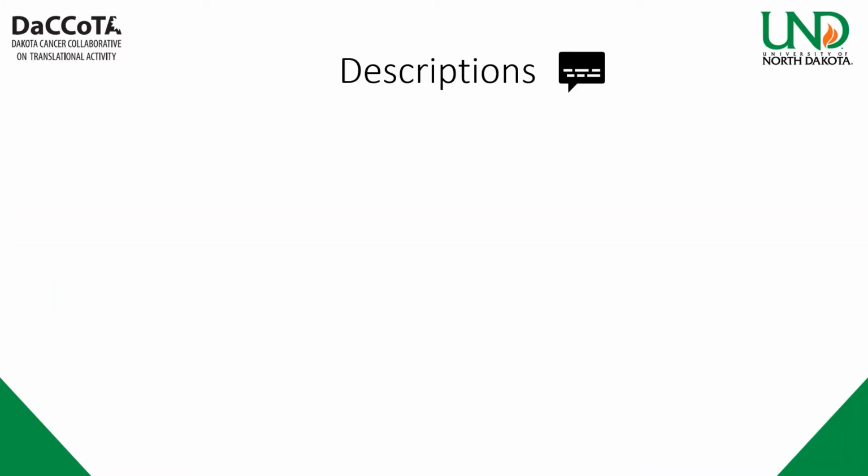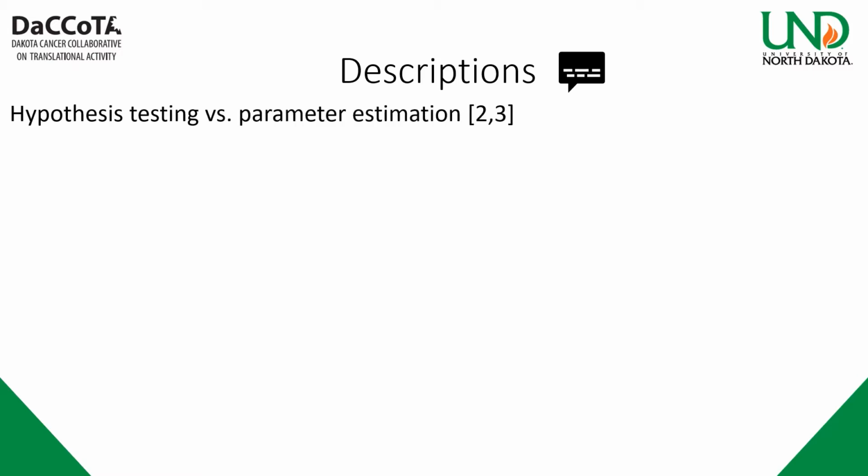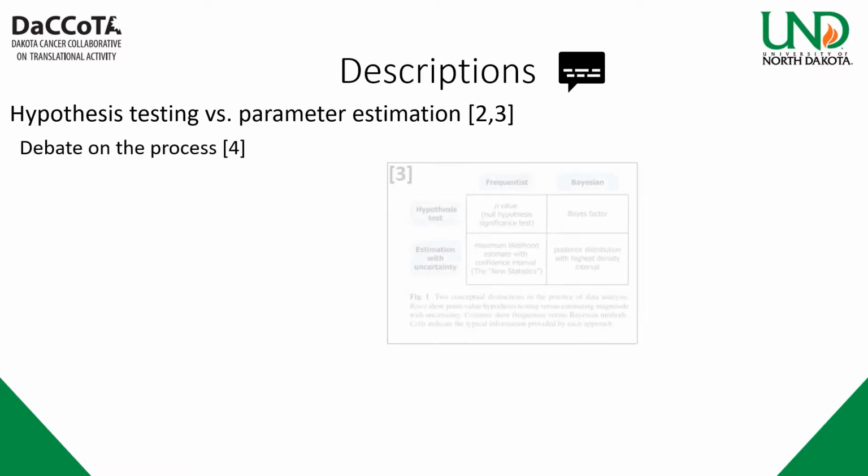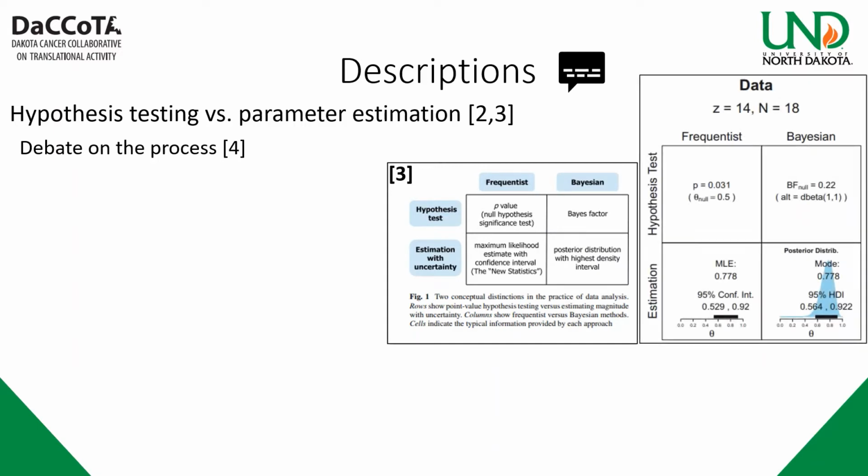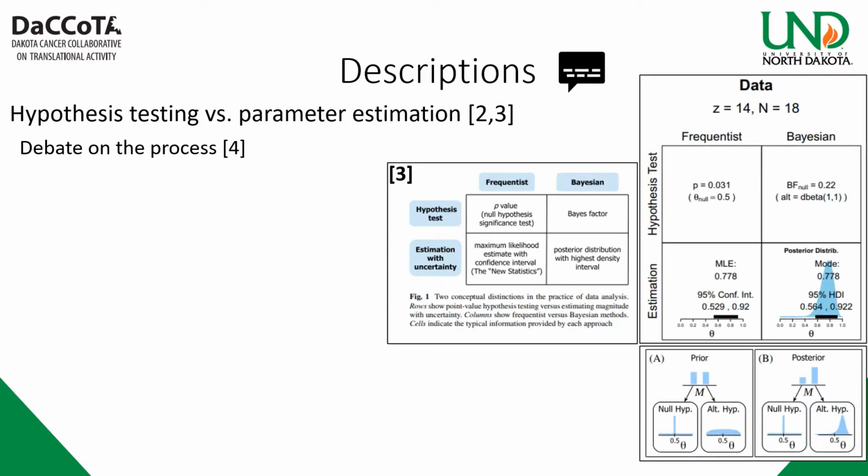So let's take a look at some descriptions here, shall we? There are two ways you can think about doing Bayesian analysis. The first one is hypothesis testing. The other is parameter estimation. Now, there's a real debate on the process, outlined in some of this material here. Hypothesis testing is typically taking a value. In frequentist, that'd be a p-value.